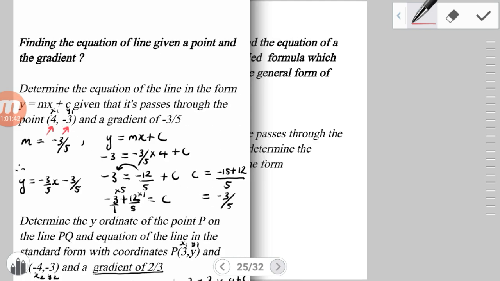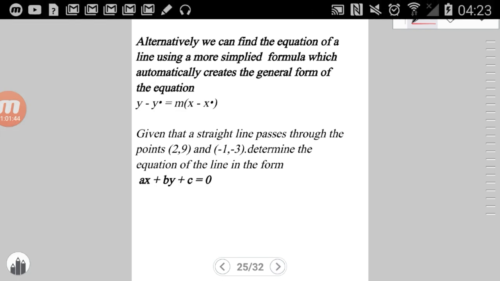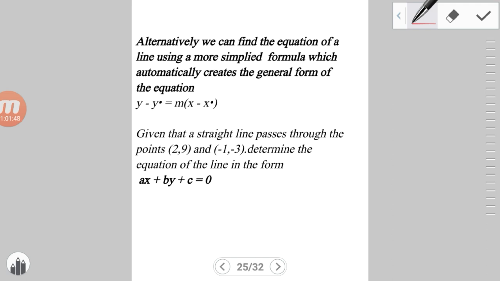Now, in this particular introduction in part 3, depending on how much work I have left to do, I may have to actually go ahead and do a part 4, right? But for now, I think that part 3 will suffice. We're going to be looking at a more simplified version for finding the equation of a line using the formula y minus y1 is equal to m multiplied by x minus x1.